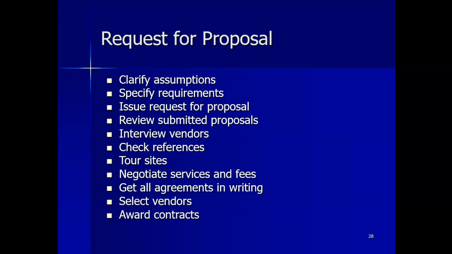Now, some strategies include obtaining business continuity services from external vendors. In such cases, a request for proposal needs to be developed, and the steps involved with a request for proposal include clarify assumptions, specify requirements, issue a request for proposal. Then you want to review submitted proposals, interview vendors, check references, tour sites, and then you want to negotiate the contract awards.